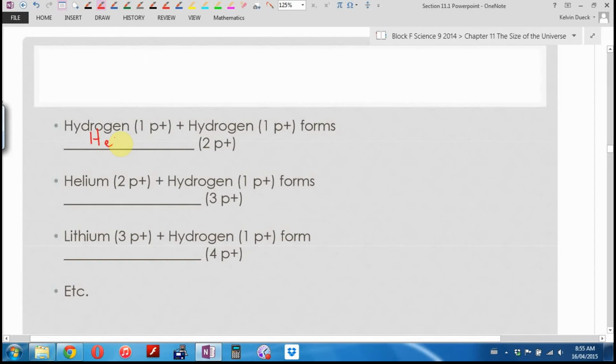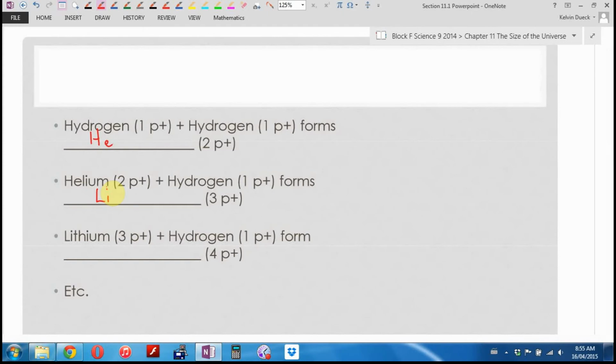Now, helium has 2 protons, and there's still hydrogen inside the star as well, which is 1 proton. If I squeeze 2 protons and 1 proton together, how many protons will I get? Please do the math. Which is going to create element number 3, which is lithium. This is what's going on inside stars. This is how all of the elements, all of the stuff that made you, comes from the inside of stars through this.